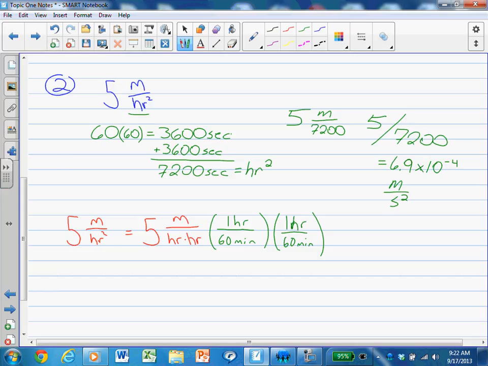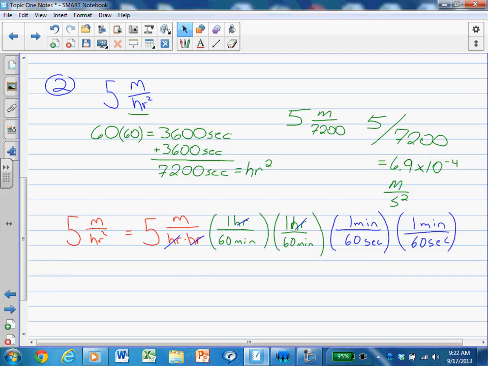Now each hour cancels that hour, and this hour cancels this hour. Then you have to change each minute to seconds. You see? So each of these minutes will cancel, and now you're left with what on the bottom?